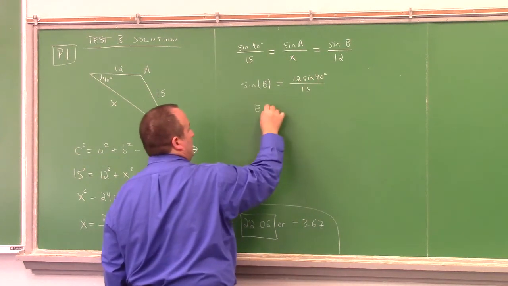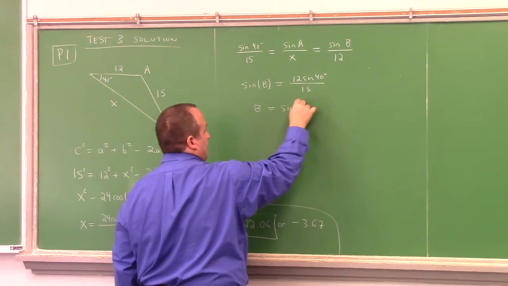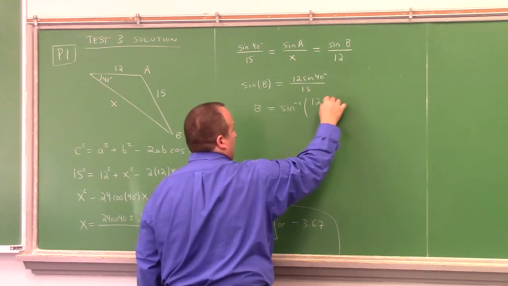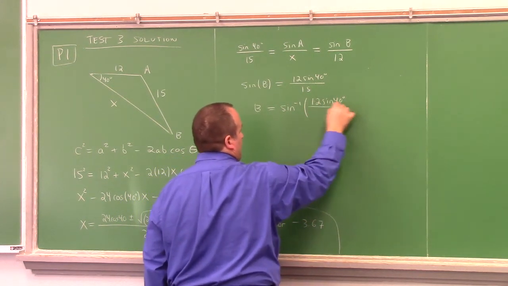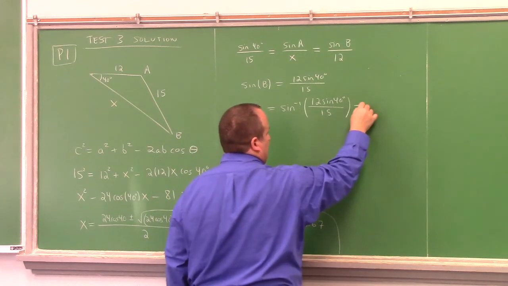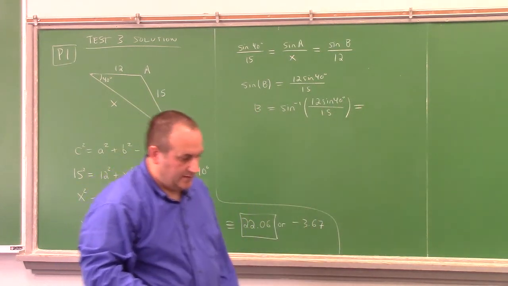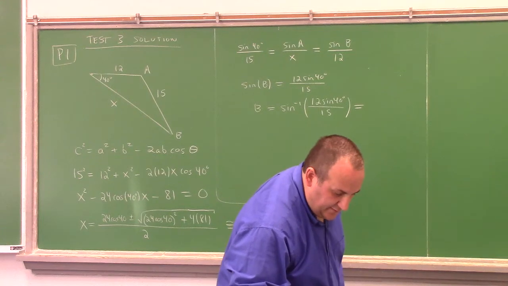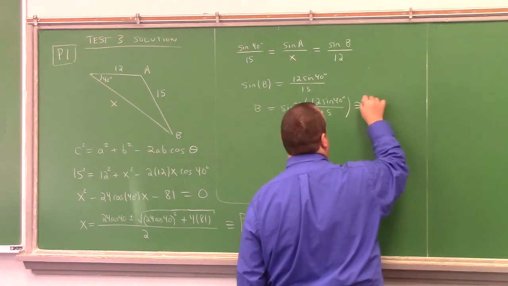So b is the inverse sine of that quotient, right? And when you put that in your calculator, using degrees, what you get is 30.95 degrees, roughly speaking.